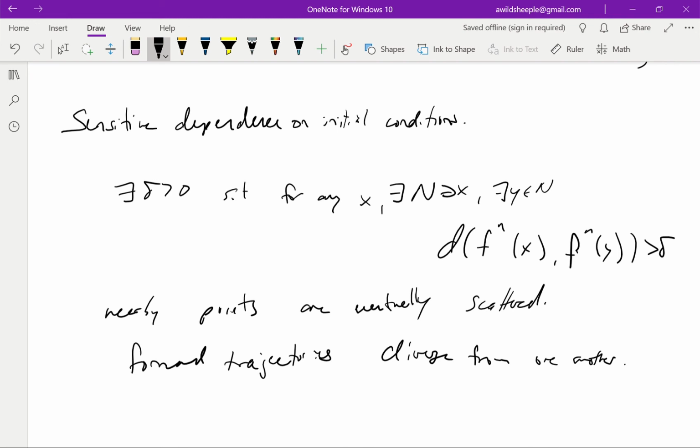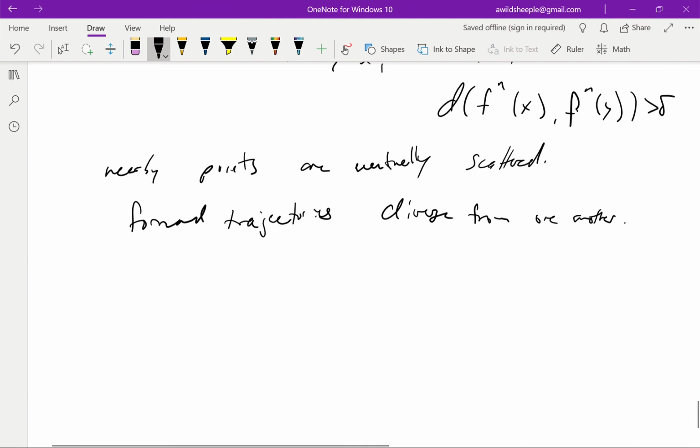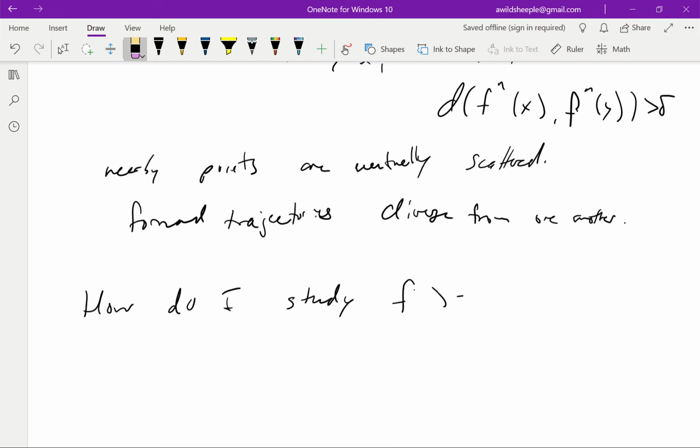I take a point in my circle, and I want to double the angle over and over again. How should I think about what this map does? So the question really becomes, how do I study the dynamical system given by the doubling map, f of theta equals 2 theta, as a dynamical system?